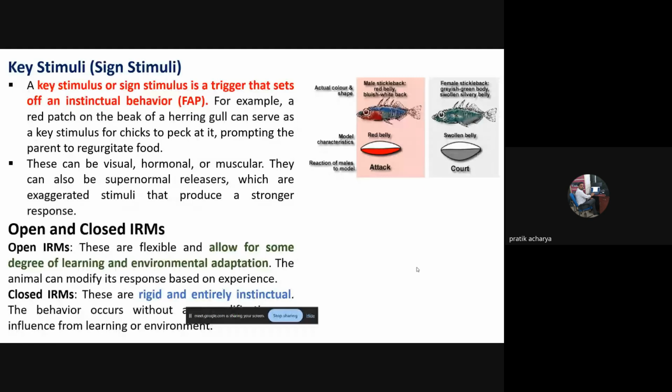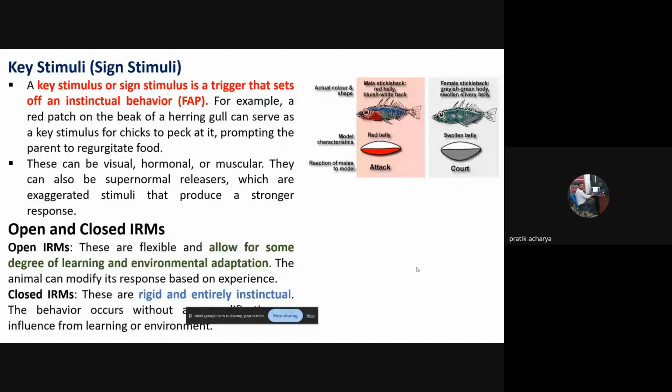After innate releasing mechanism, there are some associated factors we have to understand, known as key stimuli. In innate releasing mechanism, one word is called key stimuli or sign stimuli. What is that? Sign stimuli is a trigger that sets off an instinctive behavior or fixed pattern.